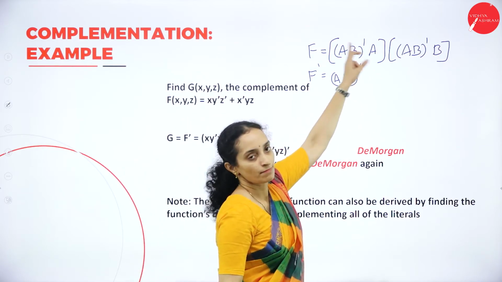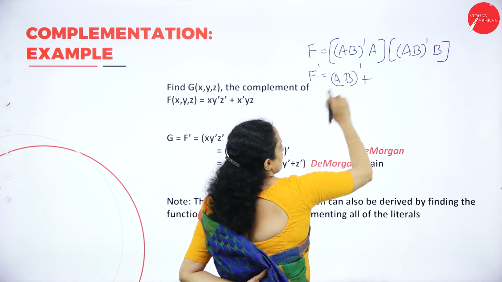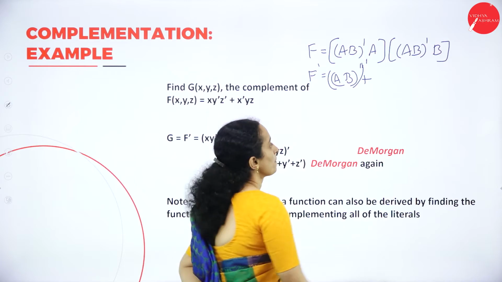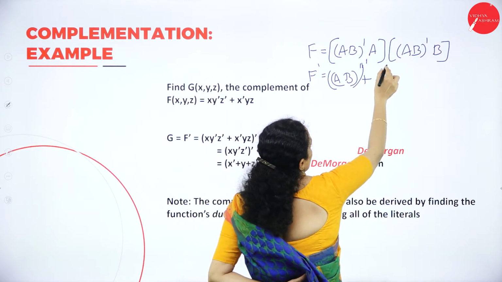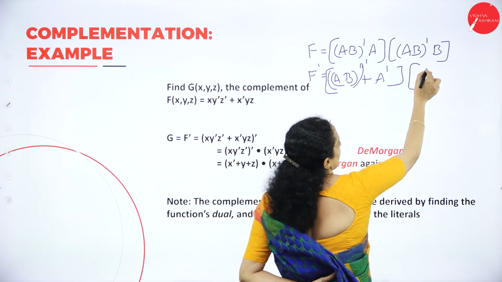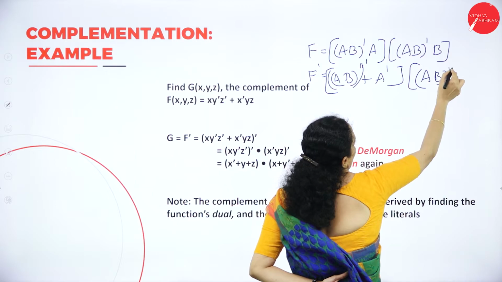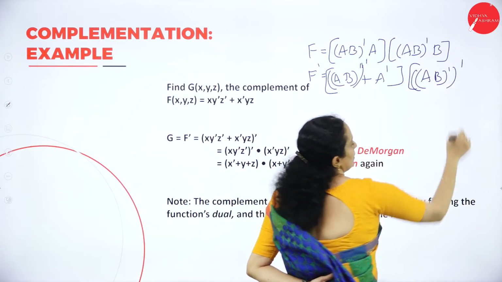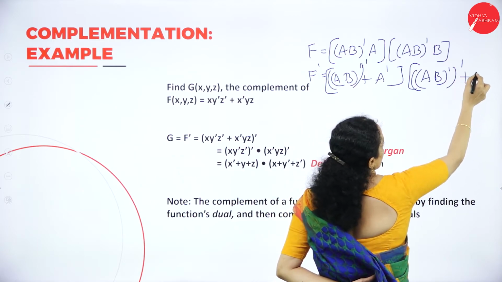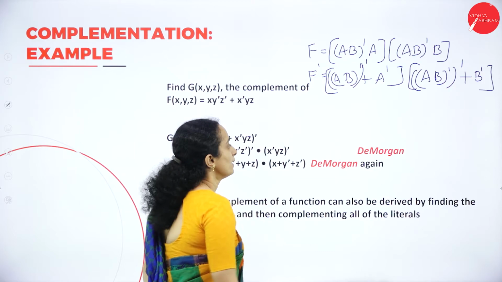So this multiplication will be converted. So this will become whole dash plus a dash. This will be a into b dash whole dash, okay, plus b dash.